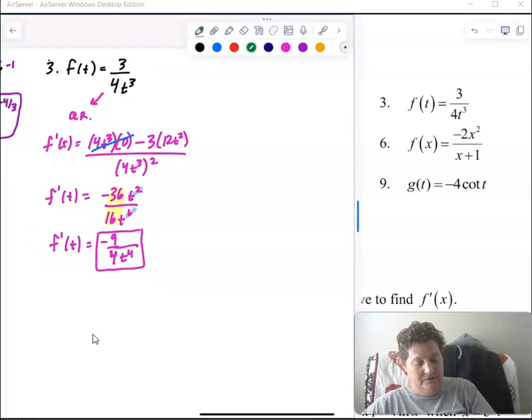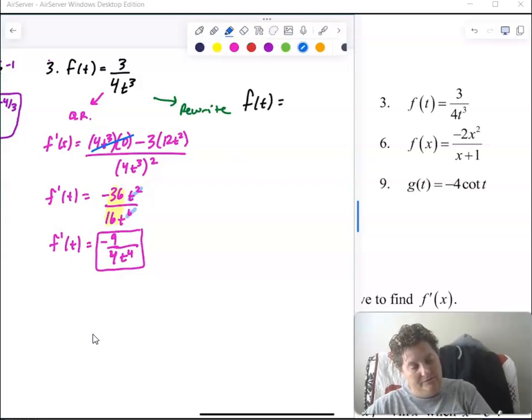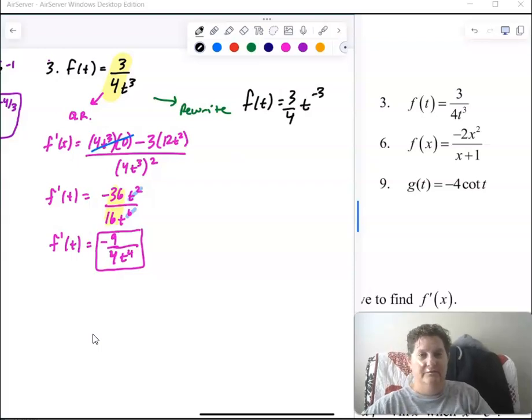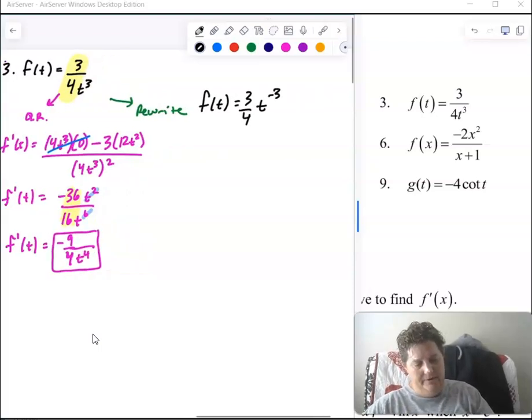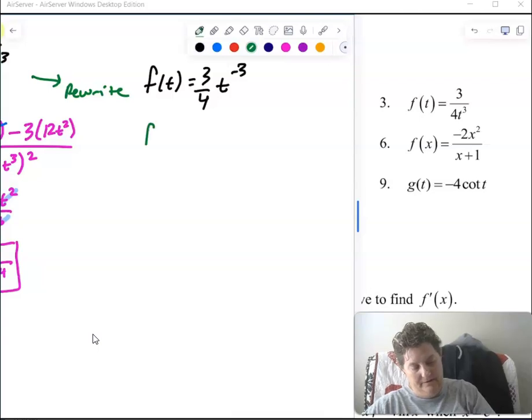But there's an easier way to do this problem. The easier way is just to rewrite this. First of all, keep the numbers the same, still 3/4. But we bring the t to the top and write it as t to the negative 3. And now we can do a power rule. Right?